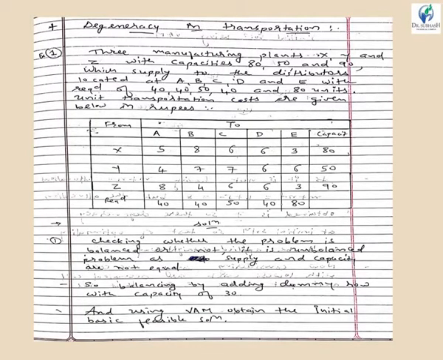Before we move forward towards an example, first of all, let us try to understand what is degeneracy. Degeneracy is when you obtain the basic feasible solution of a given transportation problem, and at that time, if the number of allocations that you are having is less than m plus n minus 1, then the problem is said to have a degeneracy.